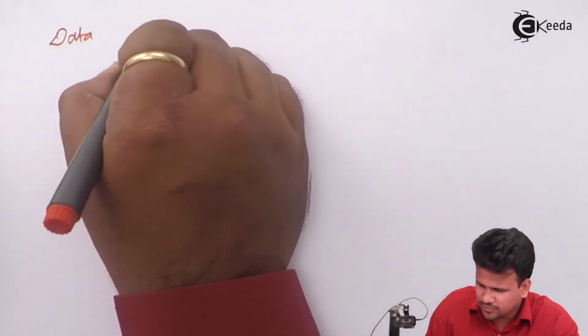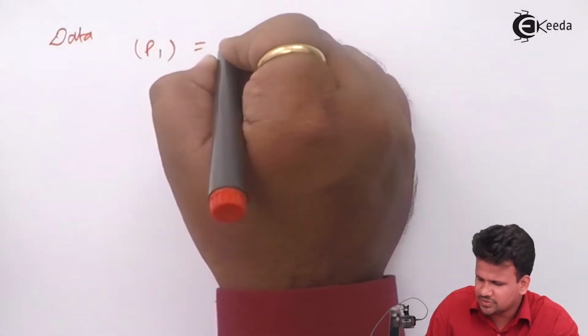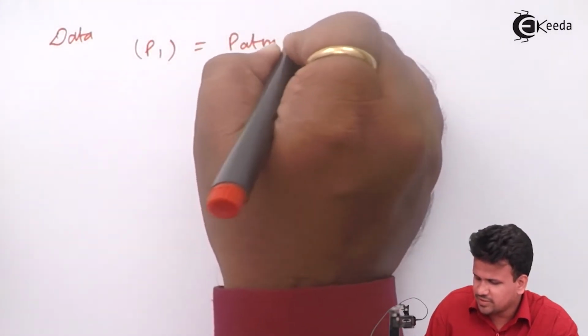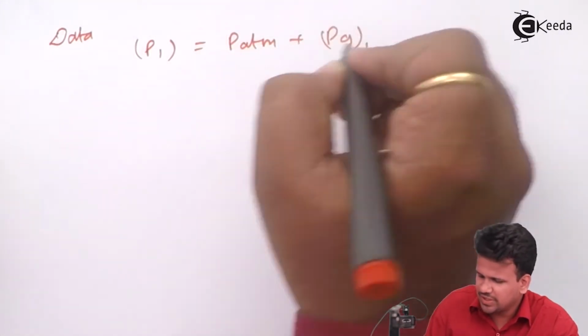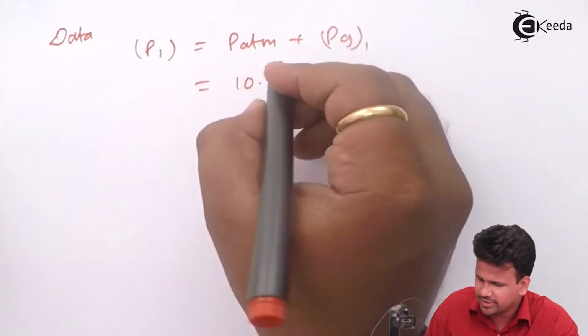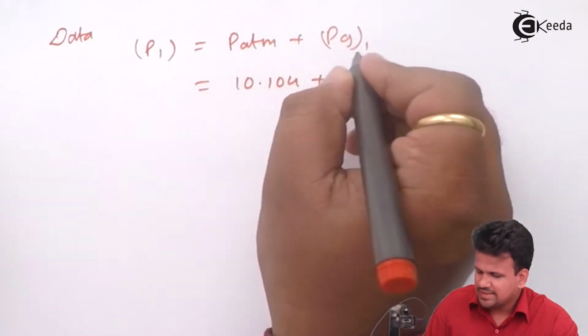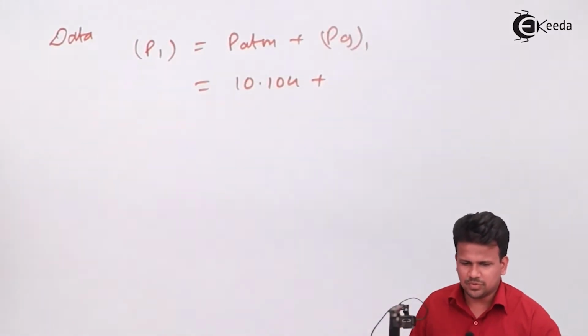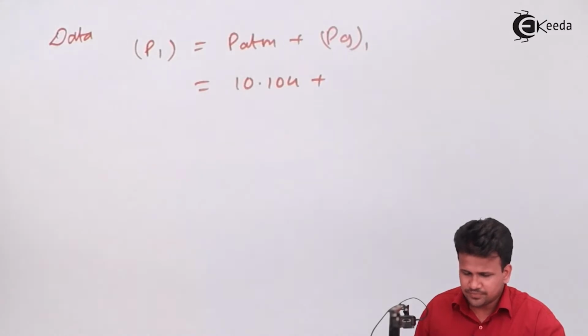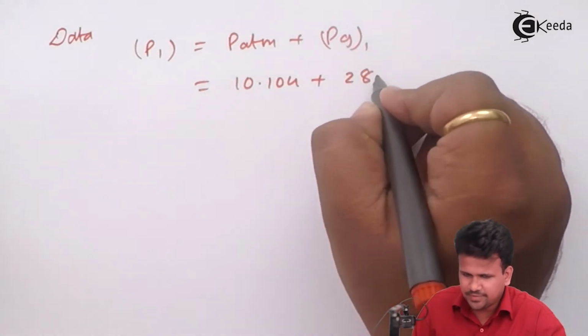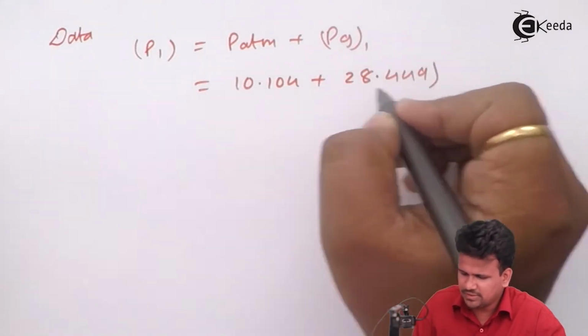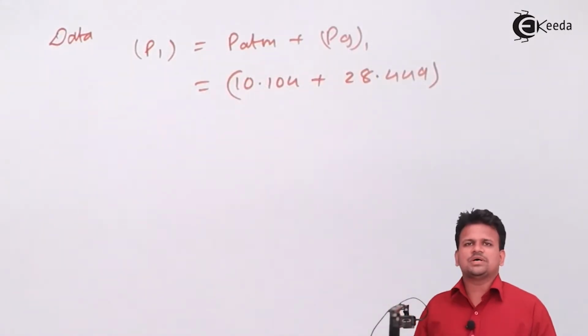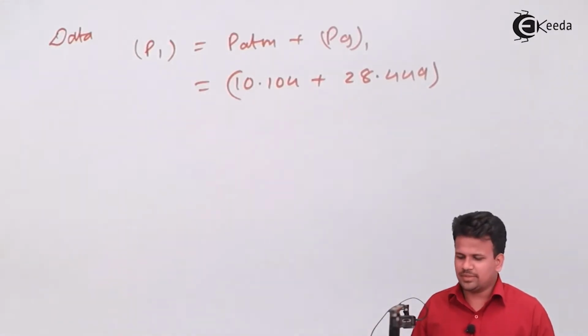P1 will be equal to P atmosphere plus P gauge, that is 10.104 plus 28.449, and both are given to us in Newton per centimeter square.